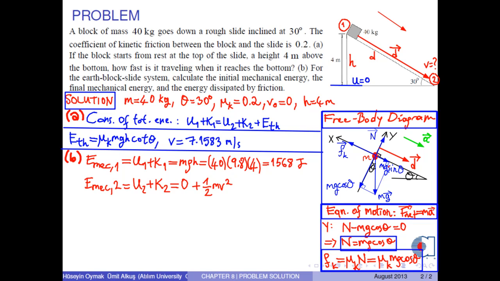Then the final mechanical energy has the expression 1/2 times m times v squared. Now we put the corresponding numerical values into this equation. Then we obtain 1024.8 joules, or in three significant figures it is approximately 1020 joules.